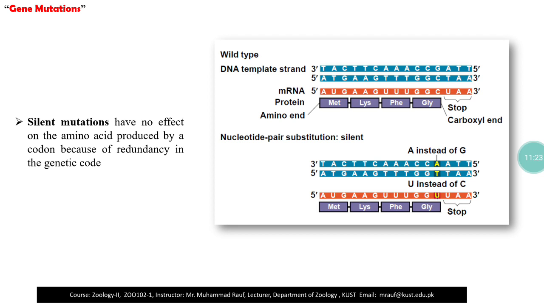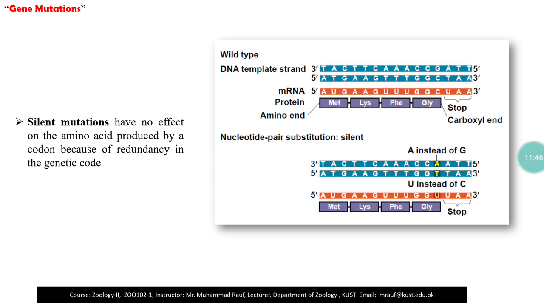So in this type of mutation, one base is replaced with another base, and the new triplet codon which is formed luckily represents the same amino acid which was represented by the original codon. And what is the reason for that?